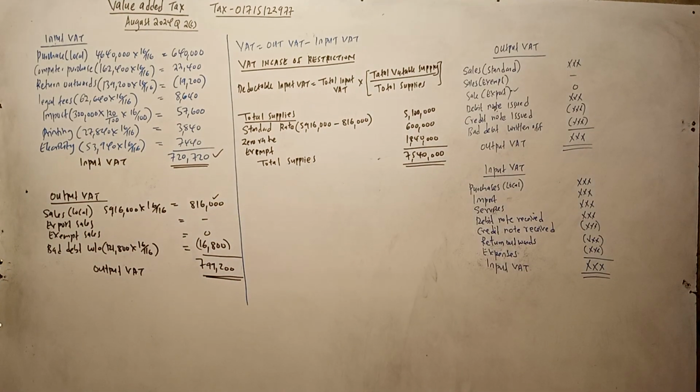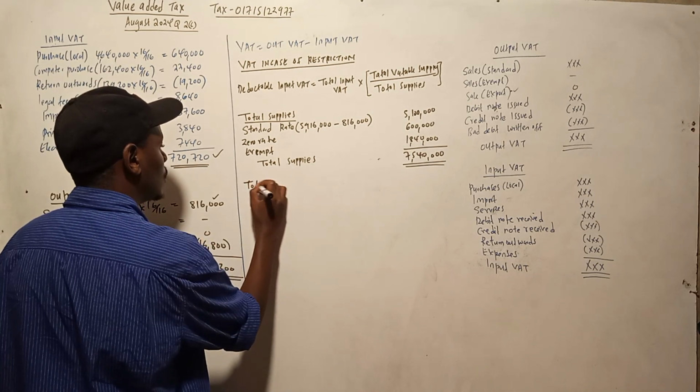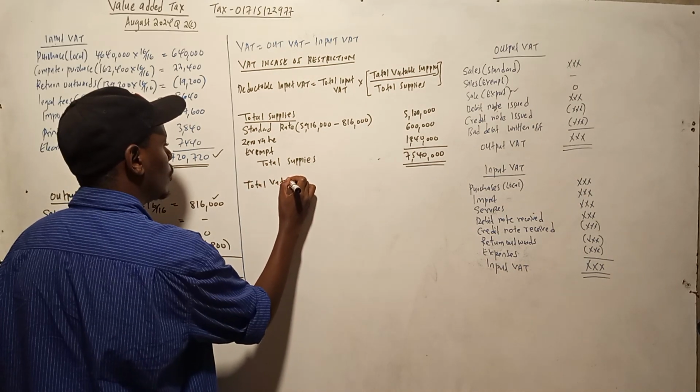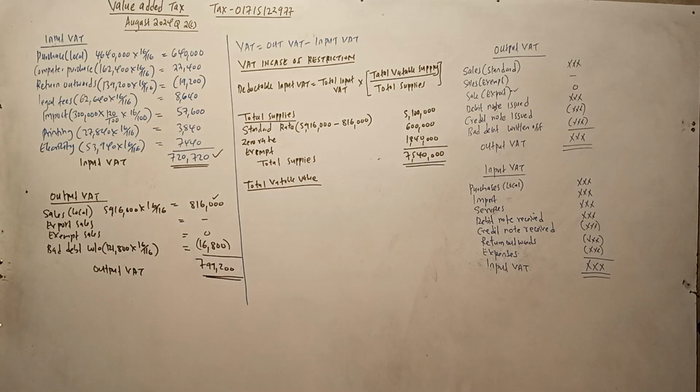Okay, once you get that, I think we need to get the total vatable value. And total vatable value there are only two of them, the standard and zero rated. Yes, so standard and zero rated.